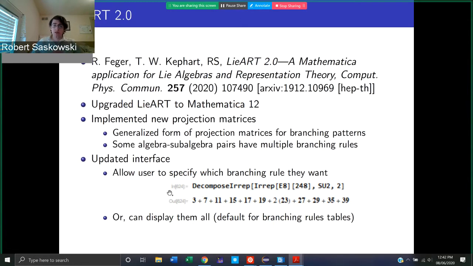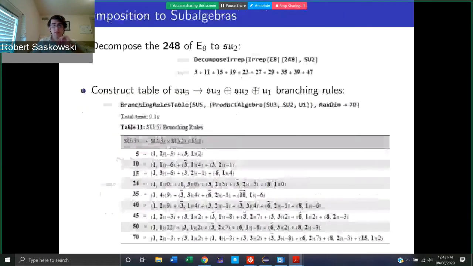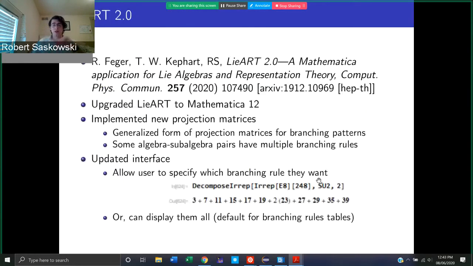For example, in decompose irrep, if we wanted, say, the second branching rule for the 248 of E8 going to SU2, we would just put a 2 at the end. Now, you may have noticed that I did do an example of the 248 of E8 branching to SU2 already, and I didn't specify a number. That's because decompose irrep is designed so that if you don't specify a number, it will just give you the first one.